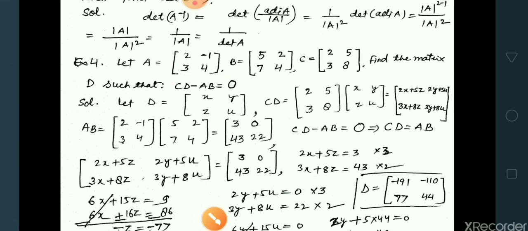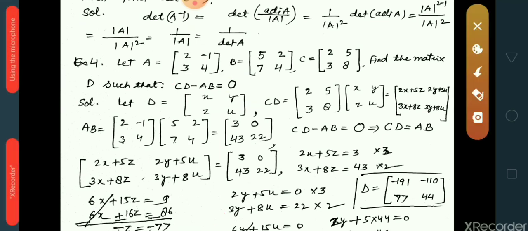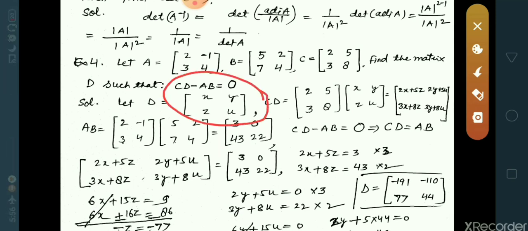Here assume that D is X, Y, Z, U. You can take any variables, they may differ but the answer will be the same. You can take A11, A12, A21, A22. For simplicity I have taken this only.